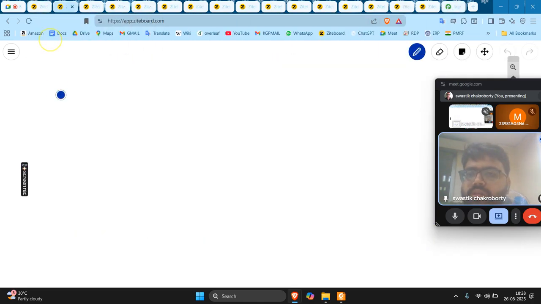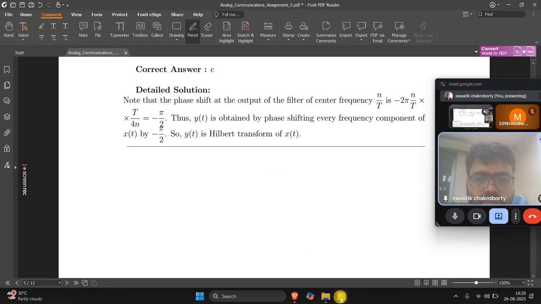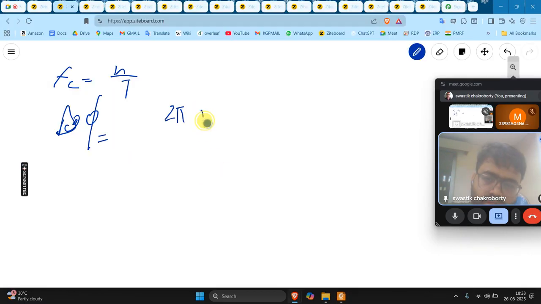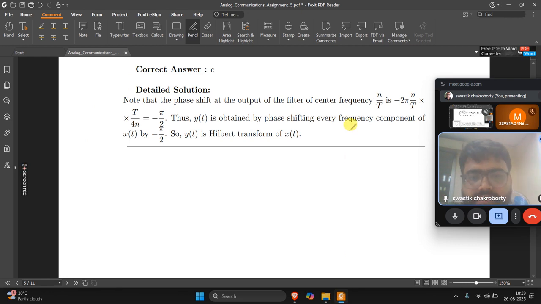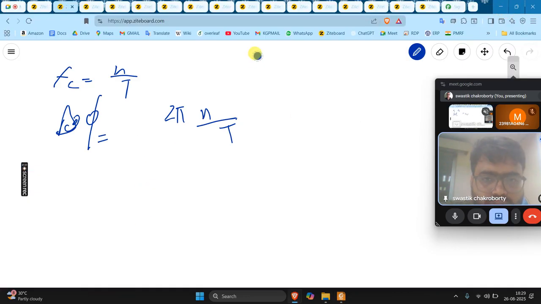So what will be the phase shift delta phi? The delta phi at n/T will be 2 pi into n/T into the delay. Phase shift is basically happening because of the delay. You have something like omega (t minus t0), so that fc is getting multiplied with the t0.